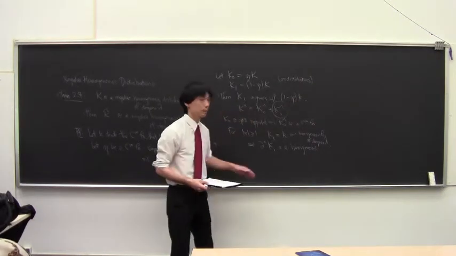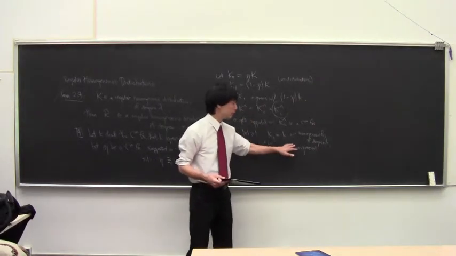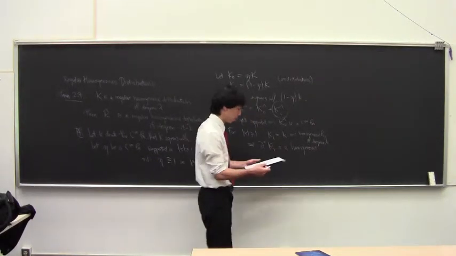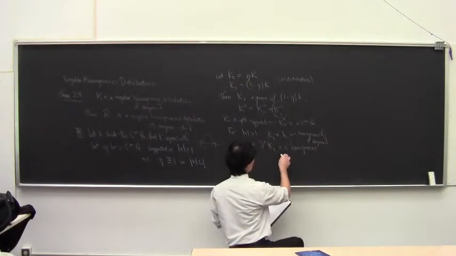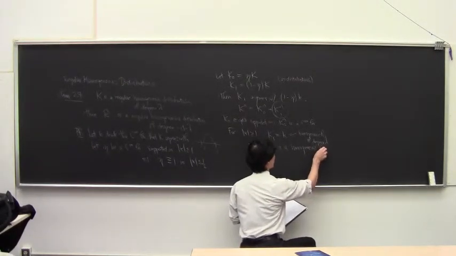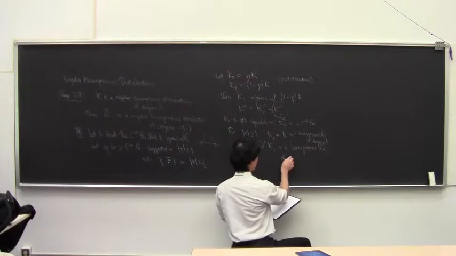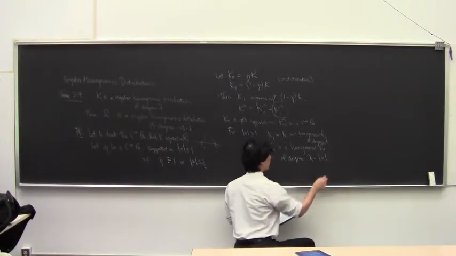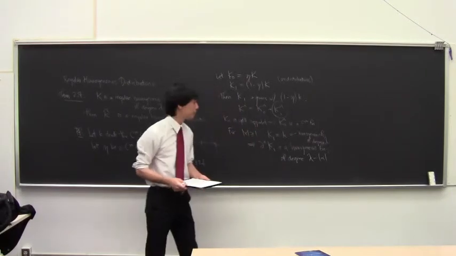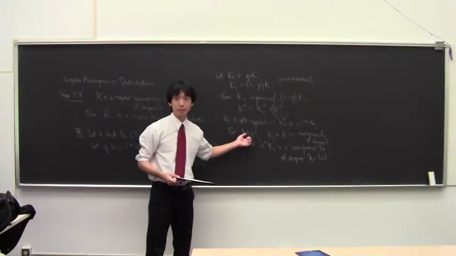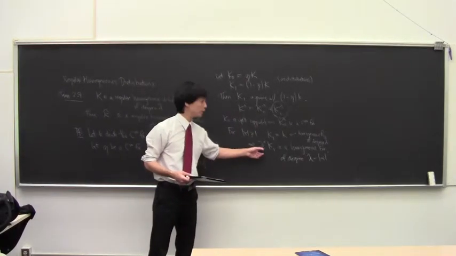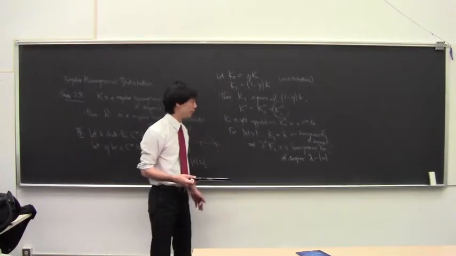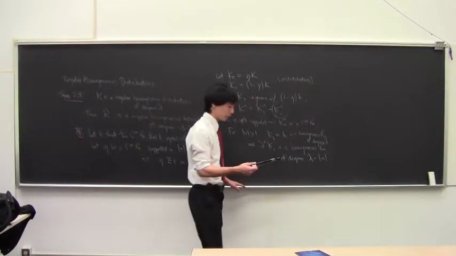So when you take derivatives of it outside of the ball, this thing is also a homogeneous function of degree lambda minus the size of alpha. When you take derivatives of homogeneous functions, you get again homogeneous functions of lesser degree.